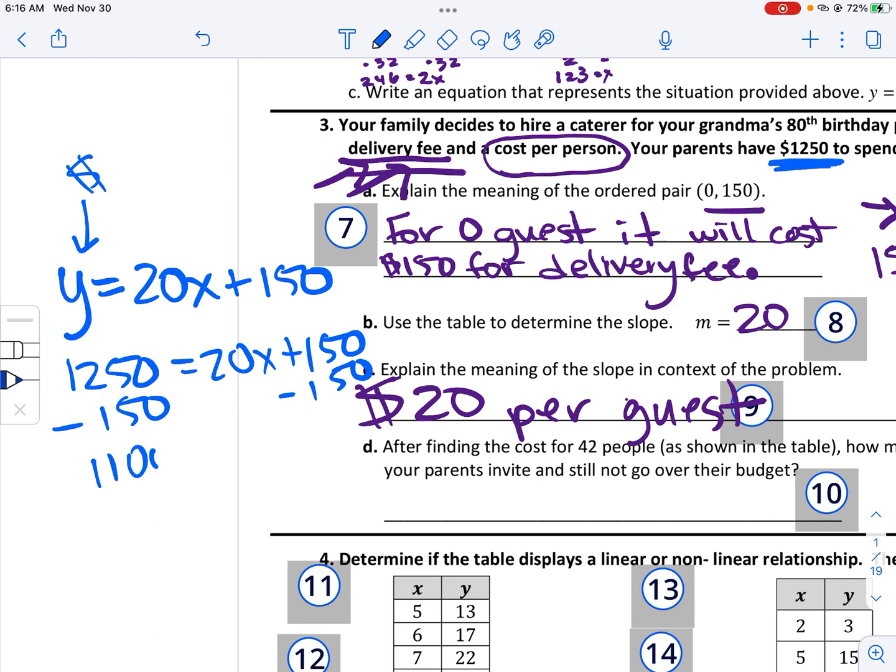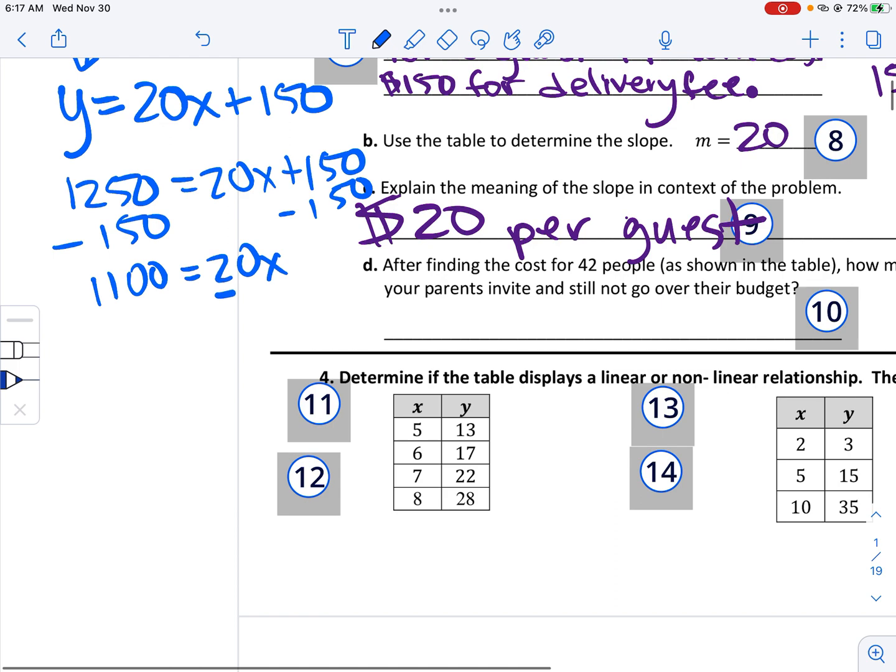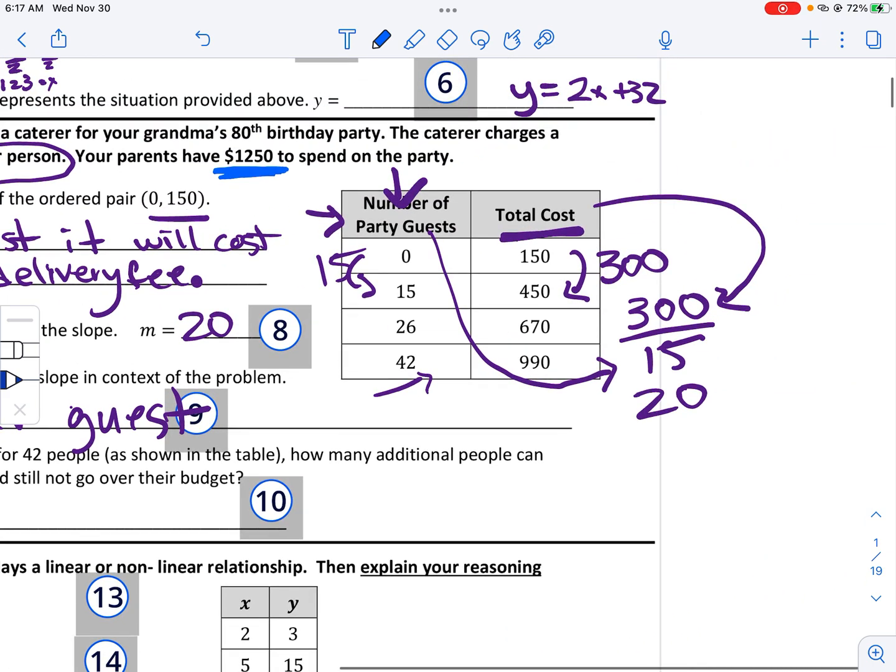I get $1,100 equals 20x. I divide by 20 on both sides. So I get 55 guests. At 55 guests, it's going to cost $1,250.